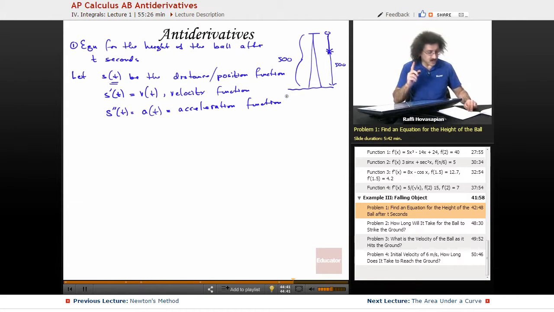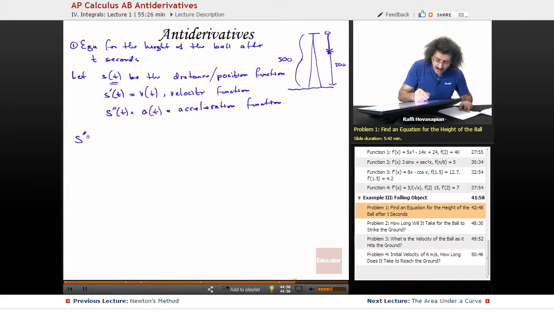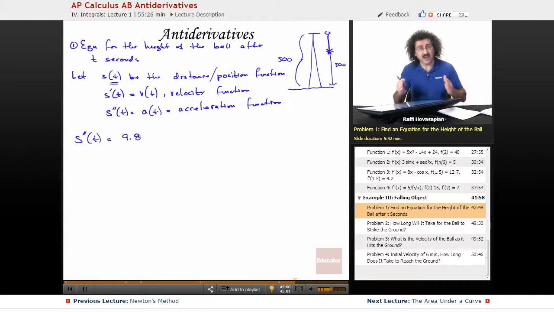Well, what do we know? We know that the acceleration of gravity is 9.8, and it's just a constant. You're just dropping it from rest, so the only force acting on this is gravity. Therefore, our acceleration function, s double prime of t, is just equal to 9.8. It's a constant.